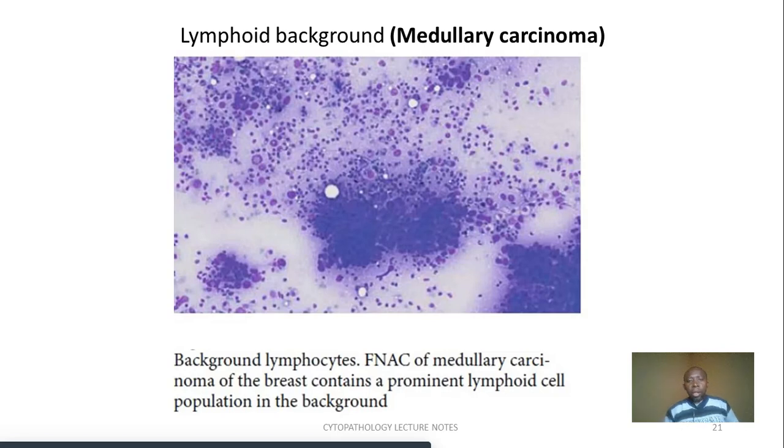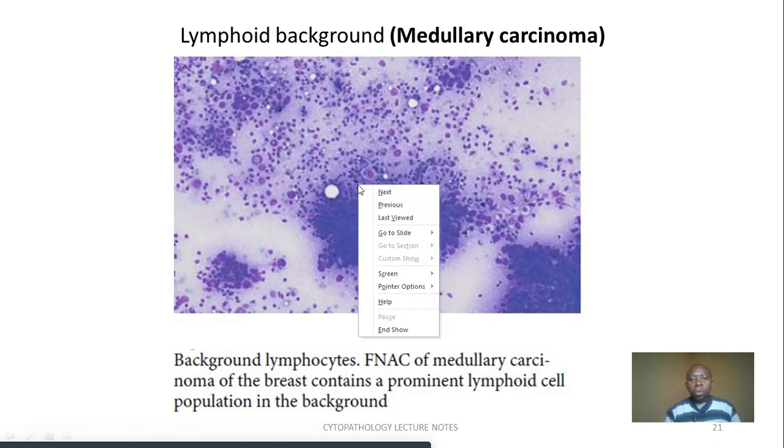Okay, continuing, sorry for that interruption, but continuing with our discussion about lymphoid background. In this case, we are looking at the FNA of medullary carcinoma of the breast, which contains a prominent lymphoid cell population in the background. So this is very clear.